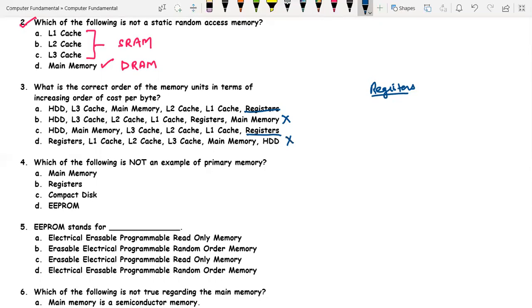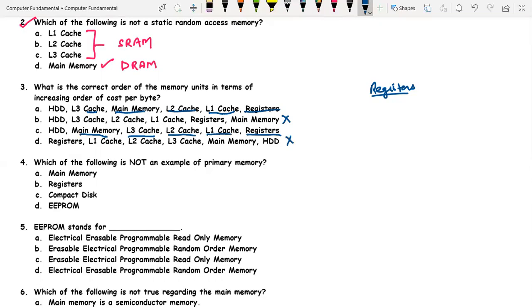This is L1 cache here. Up to this point, both option A and C are matching. Here L2 cache, L2 cache. The difference comes here: here the L3 cache and before it main memory, and here main memory then L3 cache.